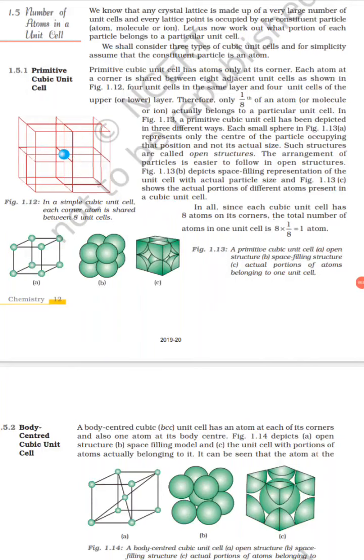Next is number of atoms per unit cell. This is a very interesting and important topic. Let us understand it in a very simple way. To understand it, first of all, we have to understand the contribution of particles at different points in a unit cell.